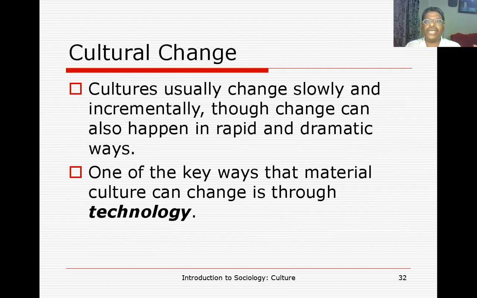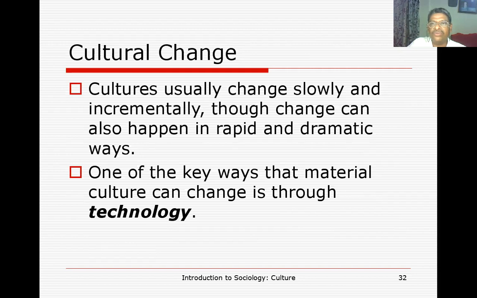Cultures usually change slowly and incrementally. Though change can also happen in rapid and dynamic ways, slowly it brings change. One of the key ways that material culture can change is through technology. And today, technology has changed our culture.